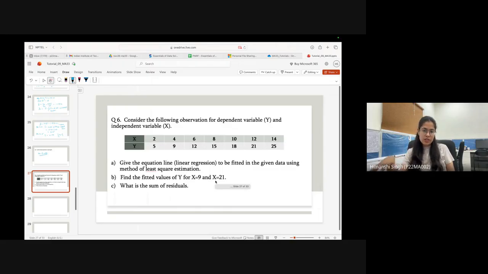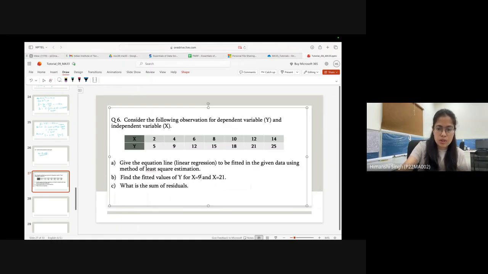Further, for x equals 4, x equals 8, and x equals 12, I want to find out the fitted values and the sum of the residuals. So the questions are similar, but only the data is different.